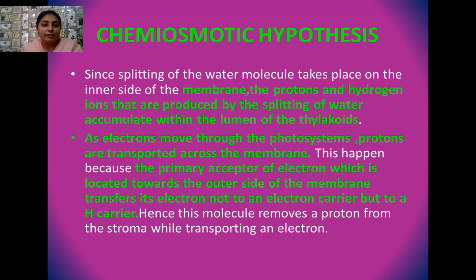So if we have two molecules of water, then after receiving a photon of light, the hydrogen bonds break and we obtain two protons, that is two H plus ions, along with two electrons and one molecule of oxygen. This oxygen gas is finally released from the mesophyll cells and later joins the atmosphere. And these electrons finally fall into photosystem 2, that is P680.